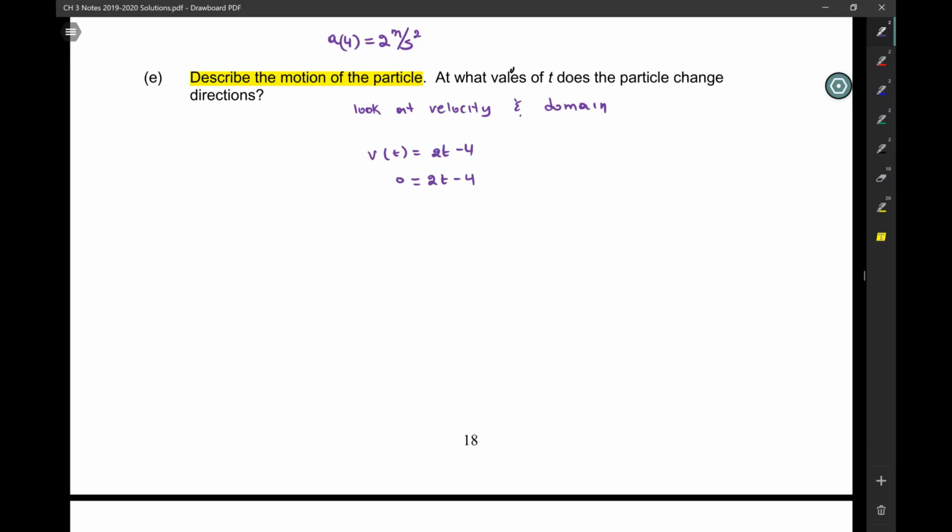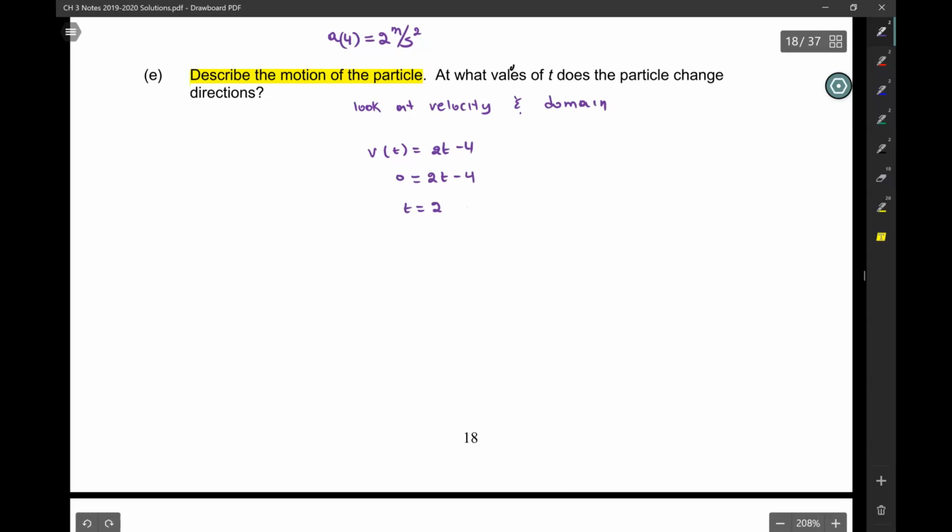So this is the time when V is 0, which means it's the time when the particle is doing what? What is the particle doing at that time? Switching. Yeah, but it's momentarily stopped.